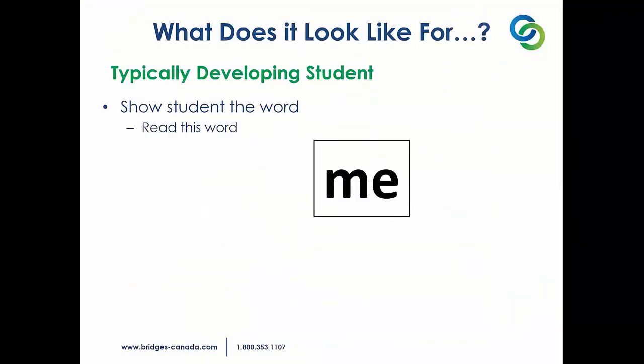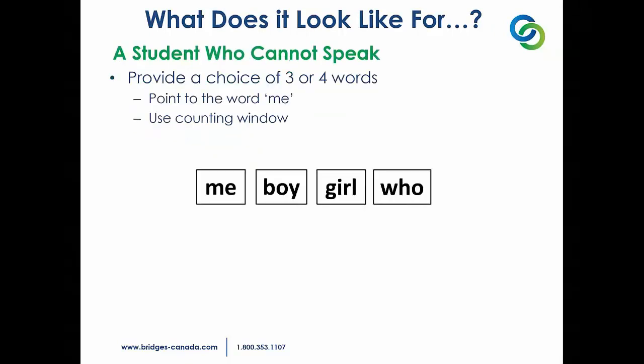So what might it look like for a student who can do this in a typical way? Simply show the student the word, ask the student to read the word. If a student is speaking, then that is the easiest way to assess. But we certainly support many students who are non-speaking, functionally non-speaking.